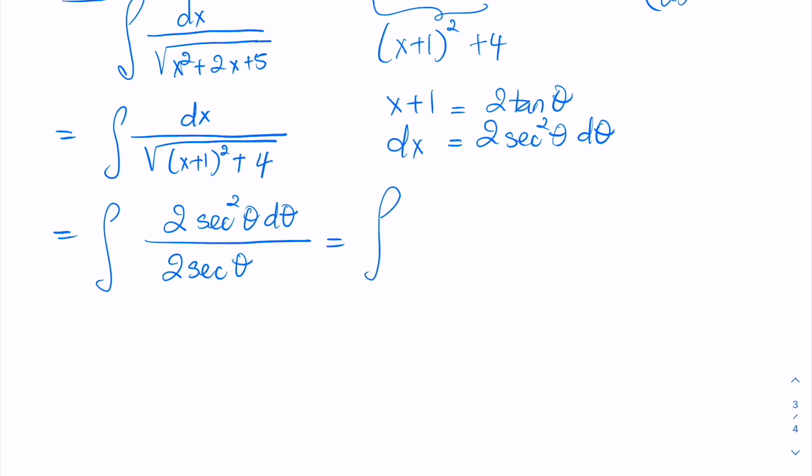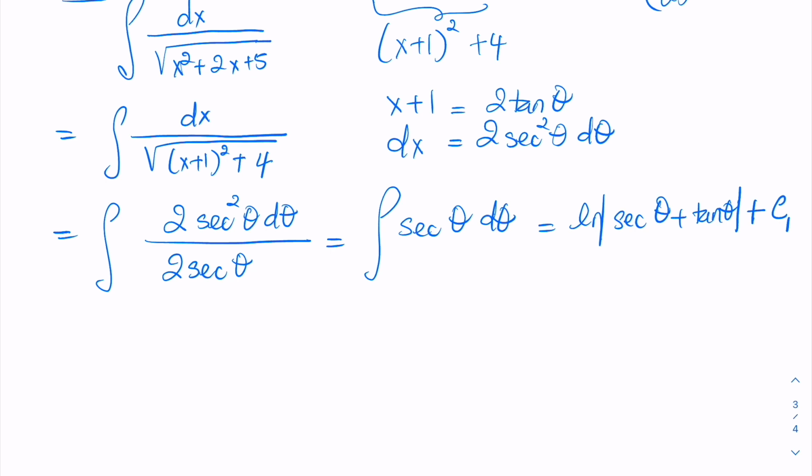So that's just secant theta d theta, which is ln, the absolute value of secant theta plus tangent theta plus C1.